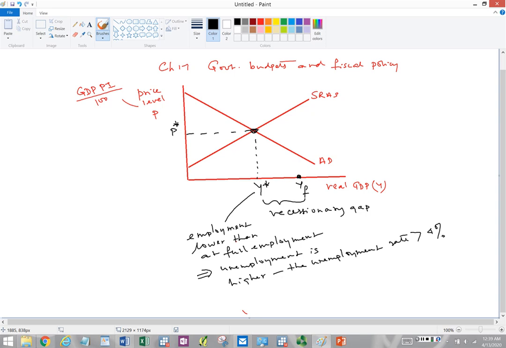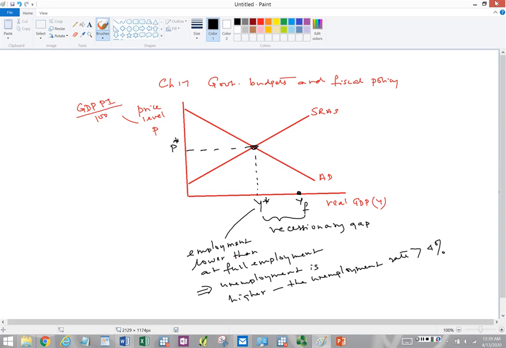So according to the Keynesians, now the Keynesians put a lot of faith in fiscal policy, right? Now what again is fiscal policy? Fiscal policy is the policy of the government, and when I say government, I mean the president plus Congress.